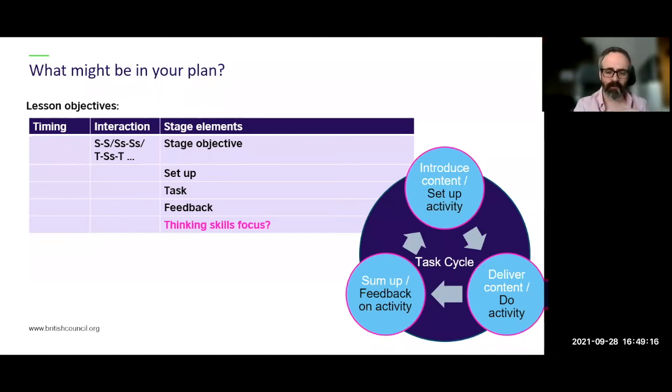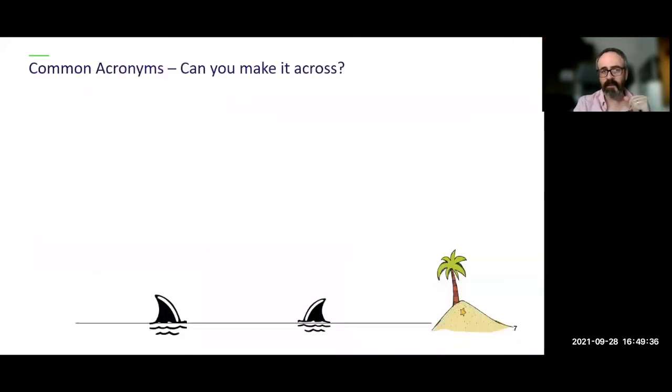So I think this is a useful way of structuring. Interaction patterns, this is nice if we can put it in, because it gives us an idea of really how student-centered our lesson is. If it's all T to SS to T, then we know it's going to be more lecture-like than student-centered and task-based. So let me just throw a few acronyms at you.